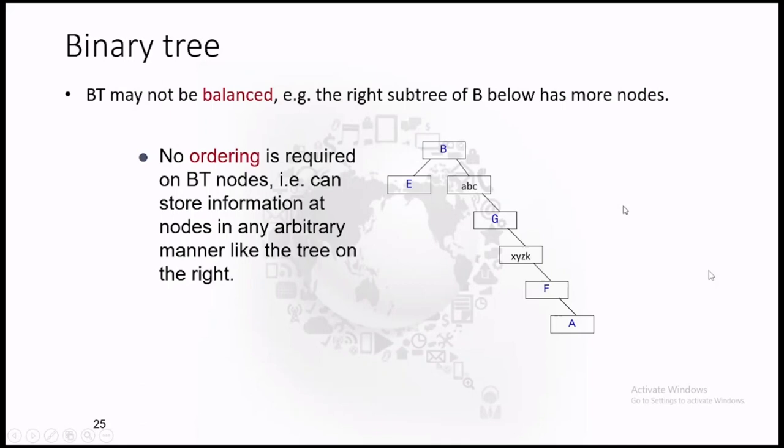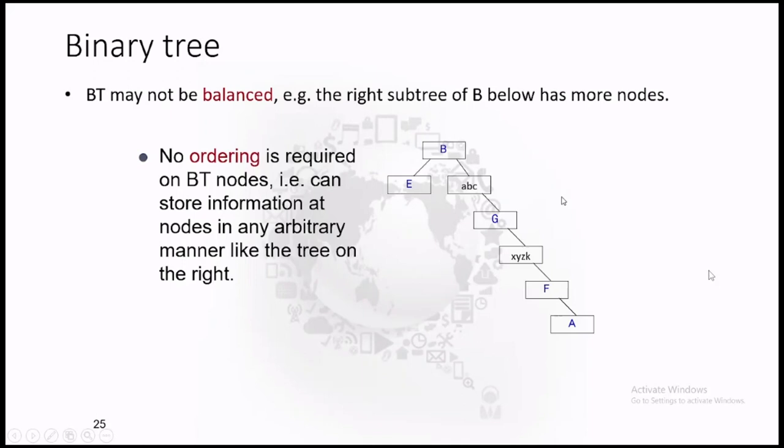It can happen. No ordering is required on a binary tree; it can store information at any node in any arbitrary manner, like the tree on the right. But of course, when you are actually arranging your data in binary form, you have to know what the patterns of the data are so that you know how to arrange it in the binary tree.